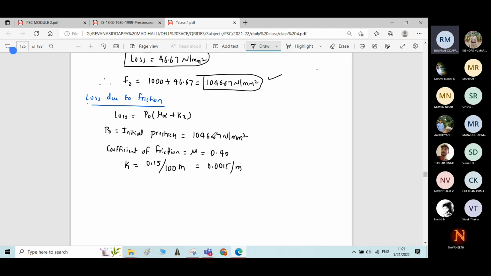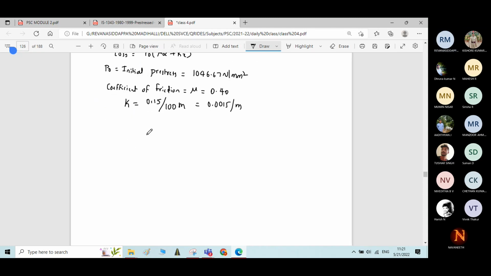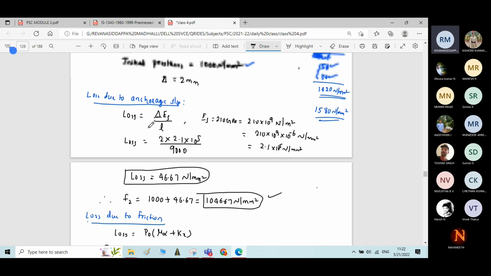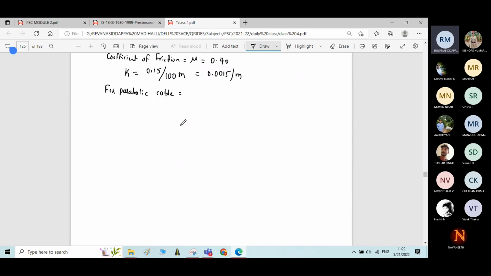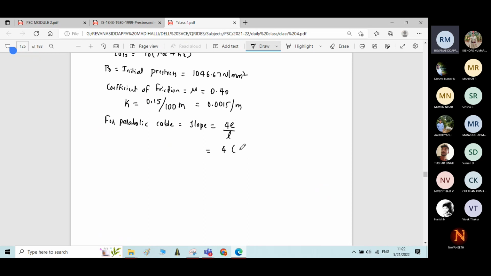First you calculate the slope, for a parabolic cable. The type of cable given is parabolic, correct? The slope is calculated as 4e by L. You should be very careful here.